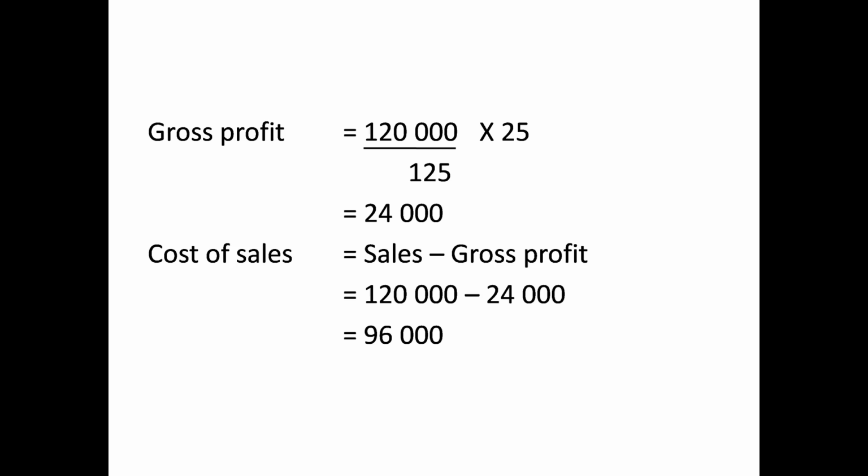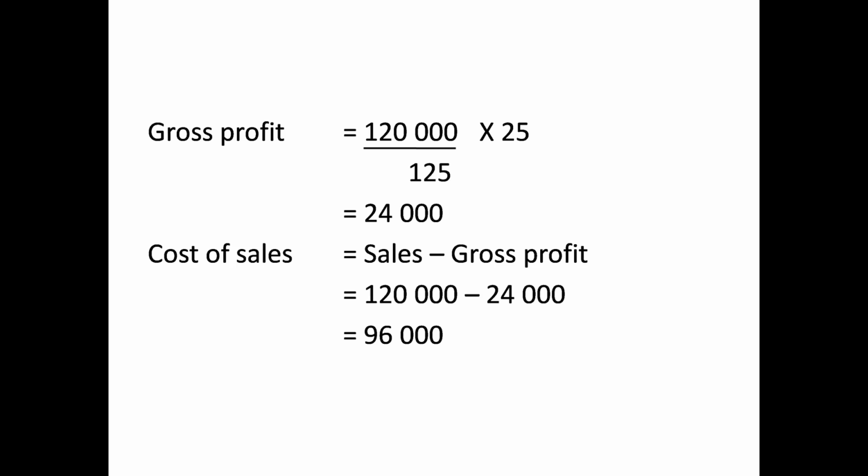The meaning is, if 120,000 actually equals 125 in our assumption, what we need is the actual figure connected with this assumption figure 25. Therefore, 120,000 divided by 125 multiplied by 25. You get the gross profit as 24,000.